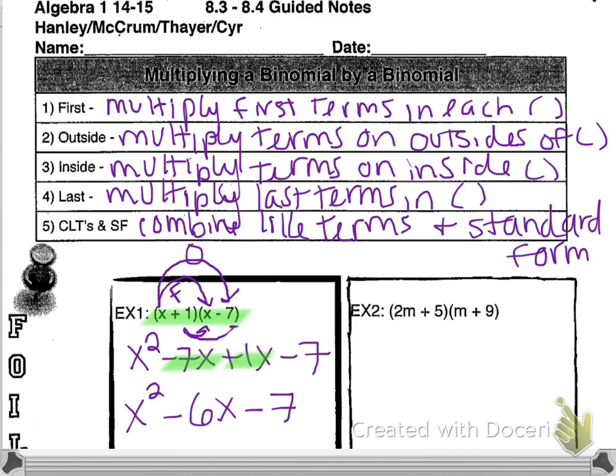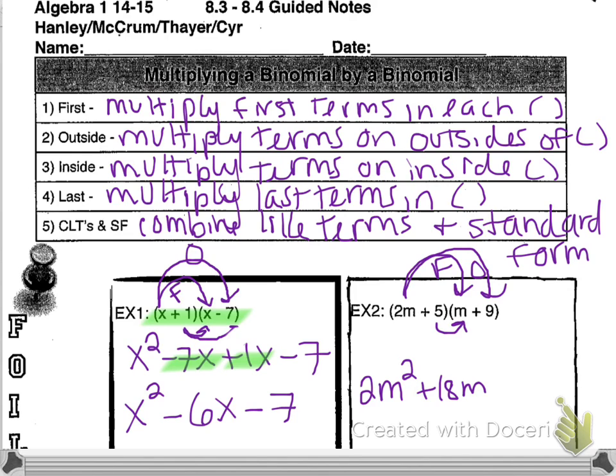Alright, so let's see if we can try that with our second example. We're going to go first, so the first two terms in each set of parentheses. So we have 2m times m, which is 2m to the second. Outside, or outer, some people say, is going to be 2m times 9, so 18m.